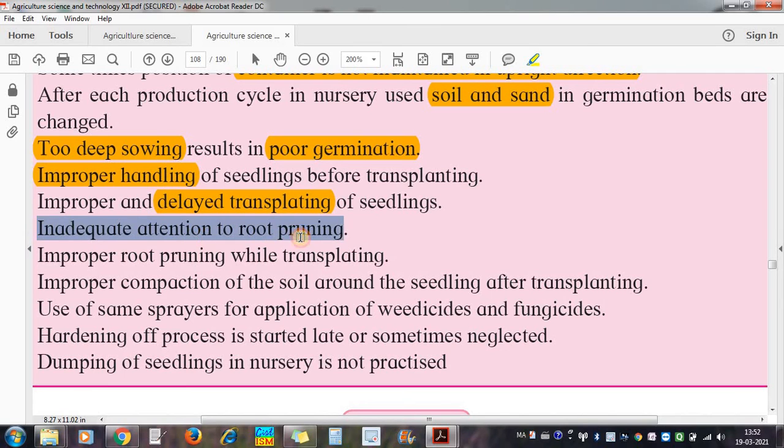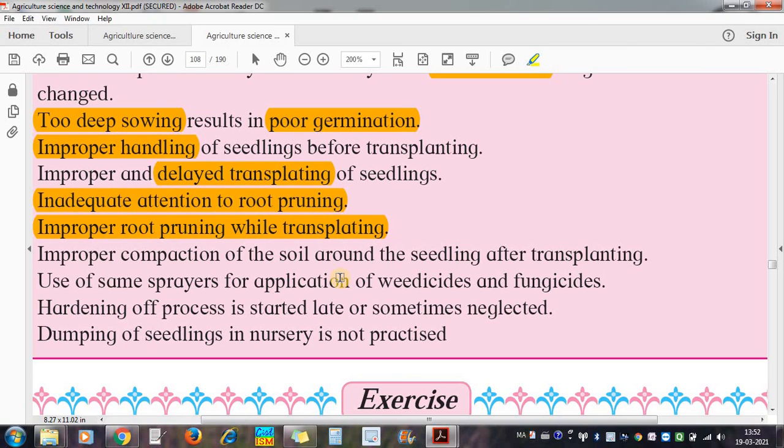Then there is inadequate attention to root pruning. Roots are to be pruned whenever necessary, otherwise there will be no proper growth. If there is improper root pruning while transplanting, then it will also not give proper growth. Improper compaction of soil around the seedling may also cause loosening and the plant may fall down. So proper earthing up is also important.